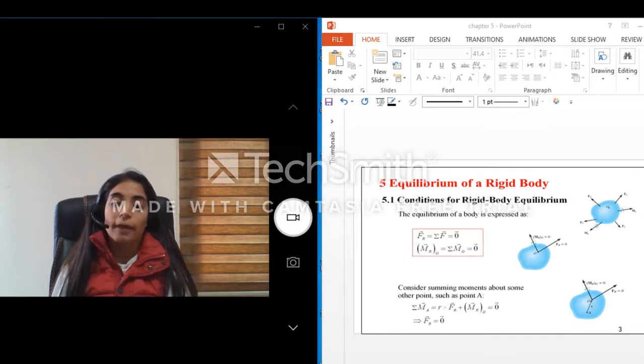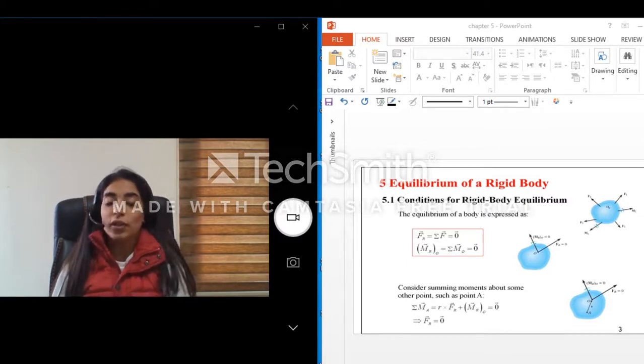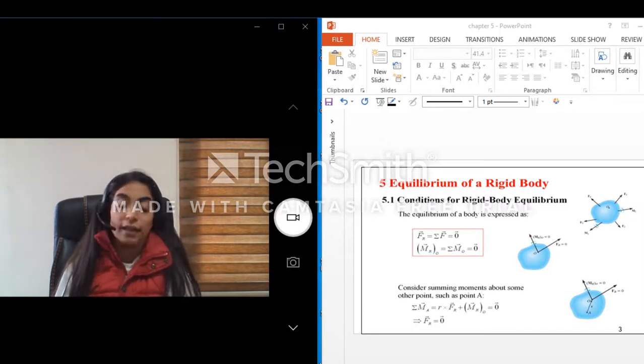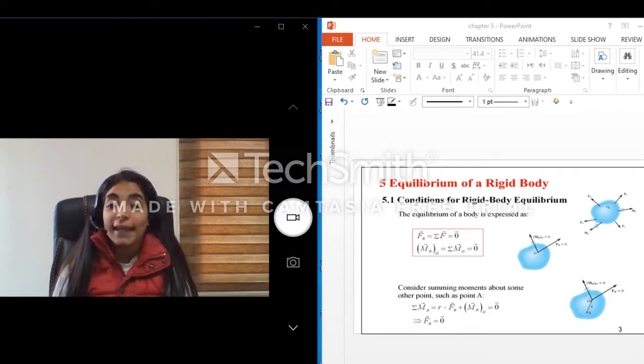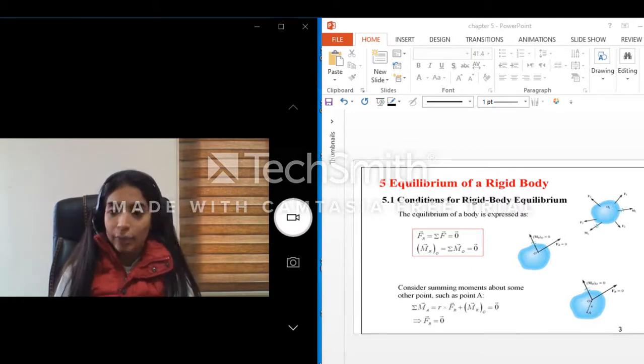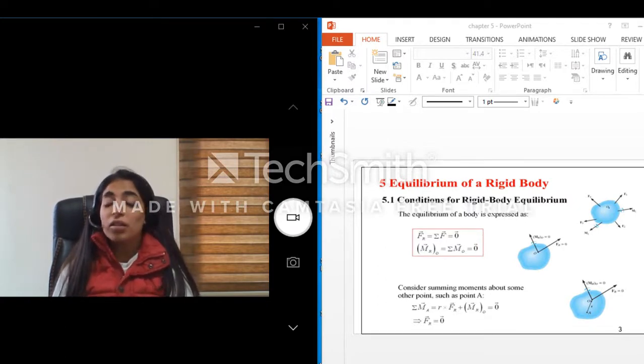This means, guys, that this body could be either in translation with a constant velocity so that the acceleration in translation is equal to 0, or it is at rest so that the velocity is equal to 0, as well as its rotational velocity is constant so that its rotational acceleration is equal to 0, as well as it is at rest, which means it is not doing a rotation, which means that its rotational velocity is 0. So these are the cases where the body could be called in equilibrium.